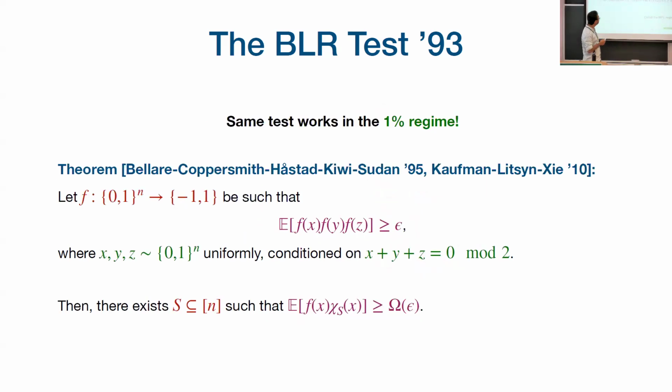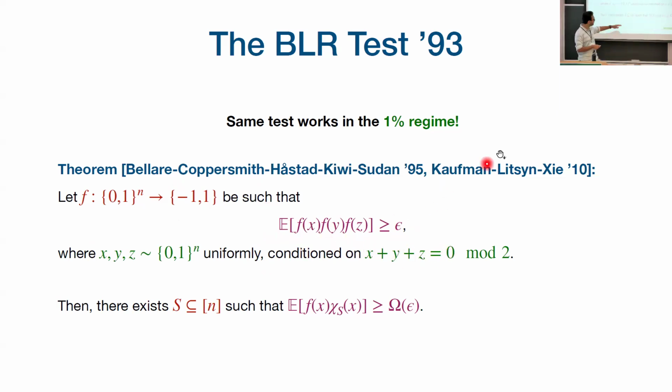And for this BLR test, what is also true is that the exact same test also works in what is called the 1% regime. Let me just parse over the statement of the theorem once. It's exactly the same thing. So suppose f is a Boolean function. And now suppose the expectation of f of x, f of y, f of z is epsilon, so say 1%.